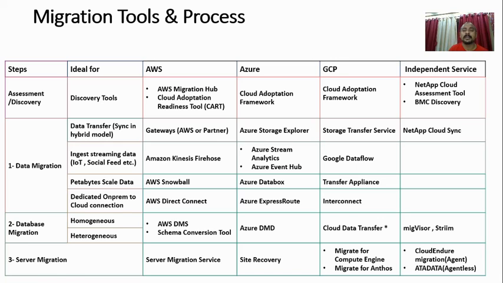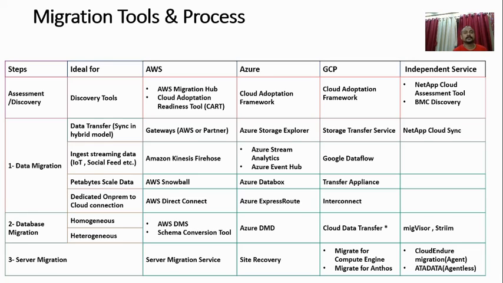However, we have an independent service also, NetApp Cloud Sync, which also provides seamless integration between your on-premises and cloud. The reason Azure and GCP are not that robust in this kind of service is that their migration process is a bit different from AWS, at least in this aspect.